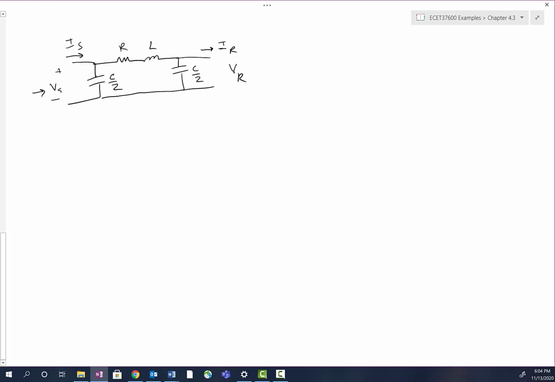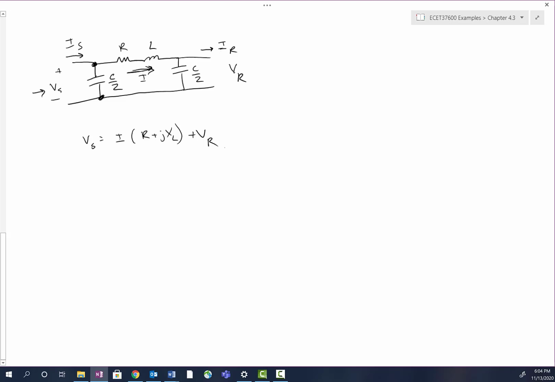We want to know what the voltage is right here, and we can see that VS is going to be I times R plus JXL. So that's the voltage drop in this branch due to that current right there, plus VR. So real similar to what we just solved.